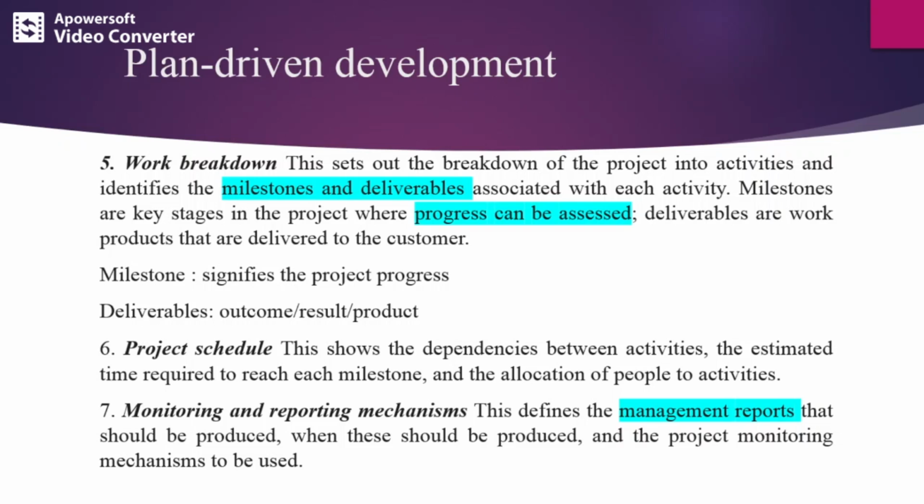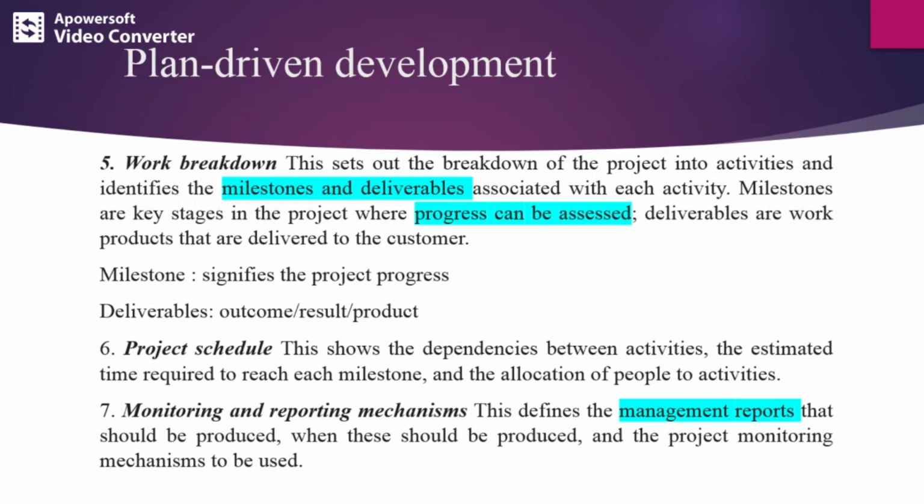You need to see which activities depend on each other, the estimated time required to reach each milestone, and the allocation of people to activities. So first see the dependencies, then the time taken to reach each milestone, and then start allocating the people to the activities.